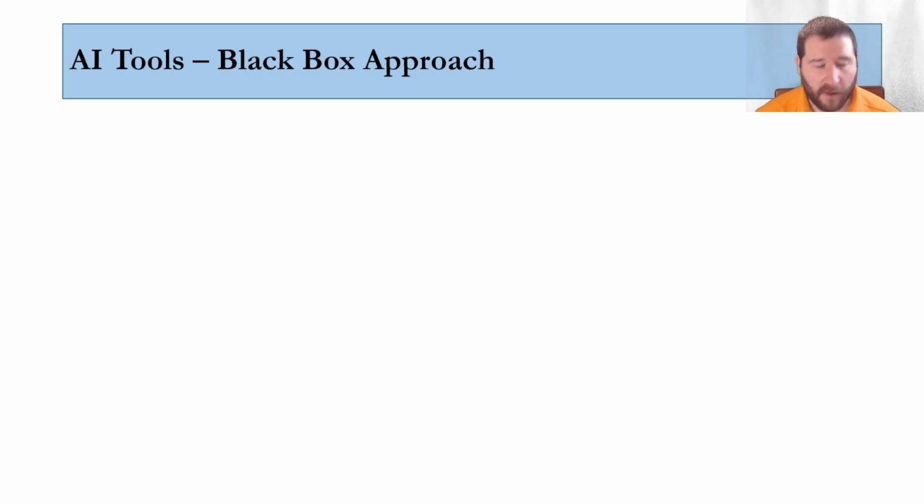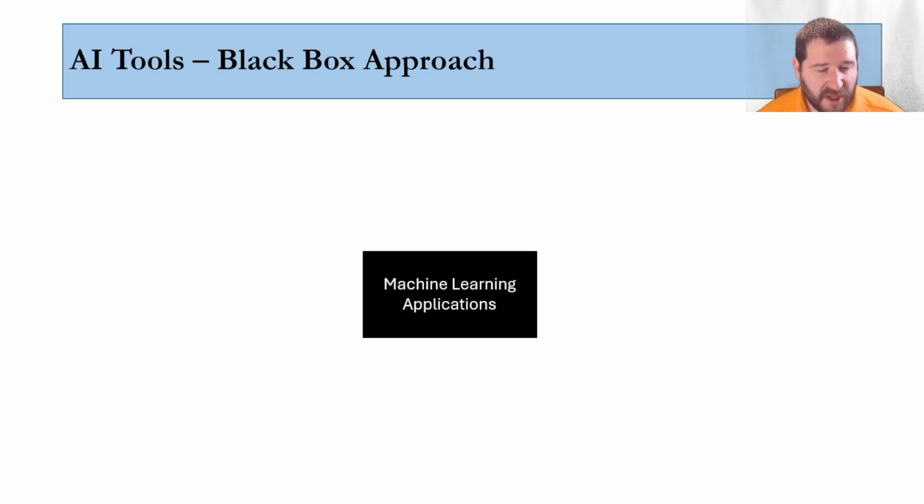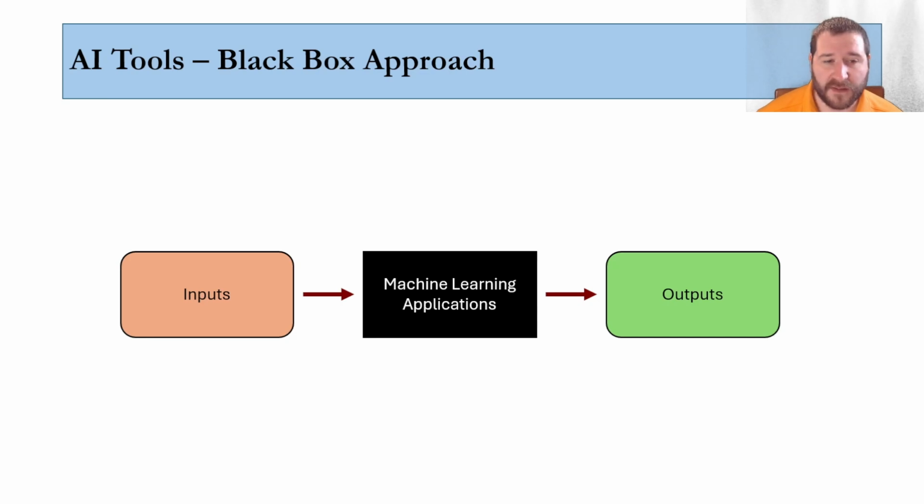This is an idea borrowed from science, but essentially these machine learning applications are some kind of black box. Something is happening inside this box, but we're not quite sure what. We do know that if we plug in an input, we get out something different.